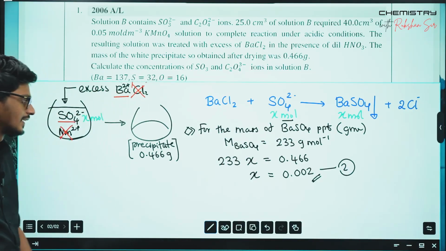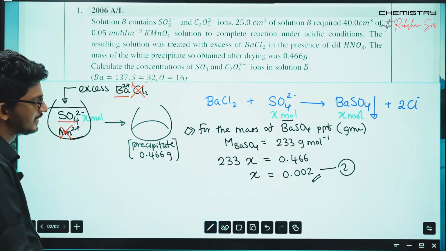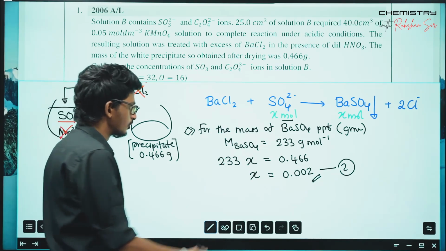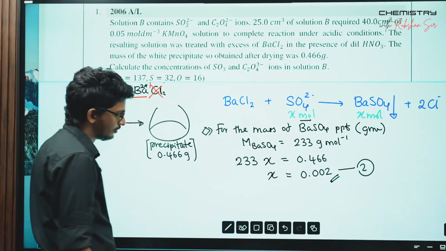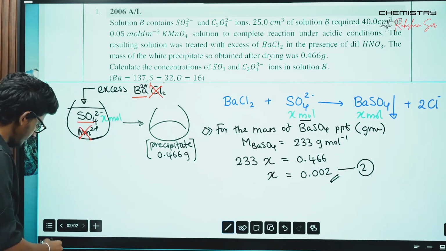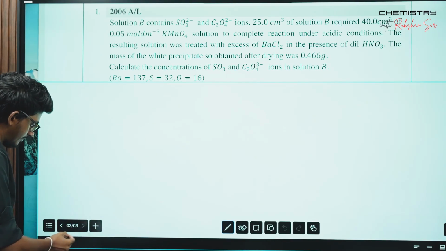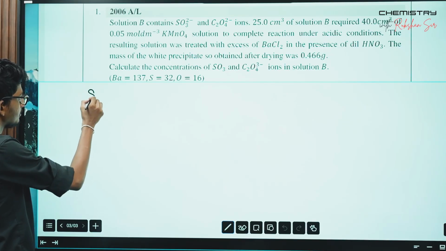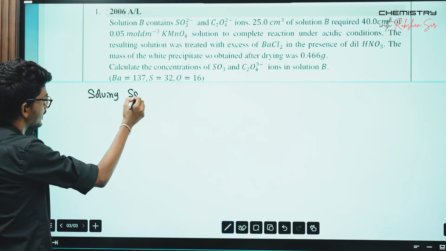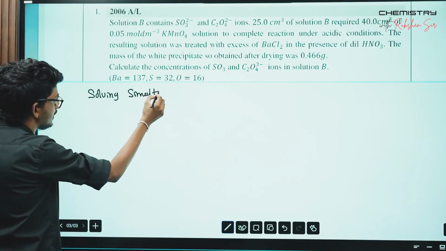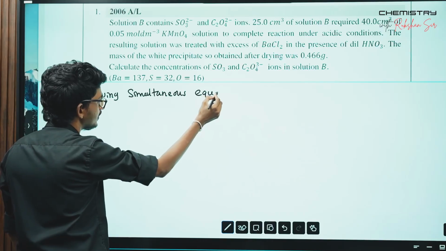So now we have built up the two simultaneous equations, right? Now we can use these two simultaneous equations to solve for X and Y. So let's solve for X and Y. Solving simultaneous equations.